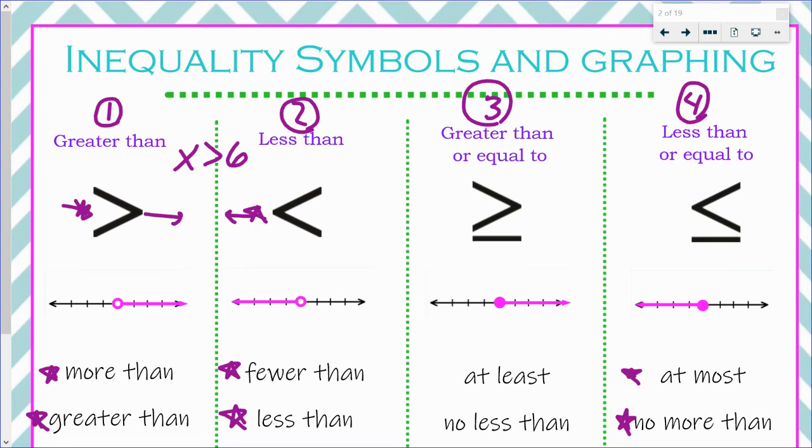Governor Murphy the other day just said that you can have no more than 25 people outside in your yard, let's say. So if I can have no more than 25 people, that means I can't have 26, I can't have 27. I could have 25, but nothing over that. So it has to be less than or equal to 25. So it's always good to think of a real life scenario to help you write inequalities.